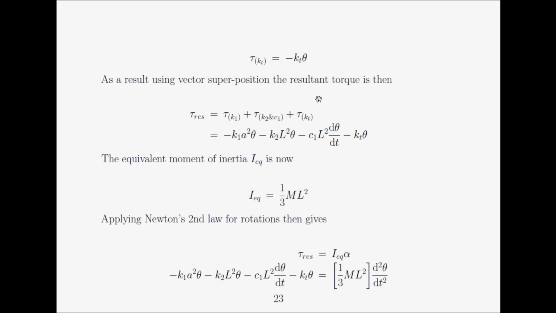Then we work out the resultant torque on the system, simply the vector superposition, and we just take the algebraic sum because each of these torques, torque K1, torque K2, and C1, and torque KT, have a sign convention. They could be positive or negative or zero. So we just take the algebraic sum of that, and in our particular planar problem, two-dimensional problem, where vectors have algebraic signs, positive or negative or zero, we simply add them up.